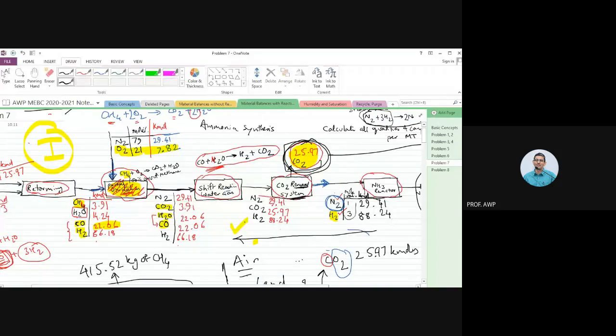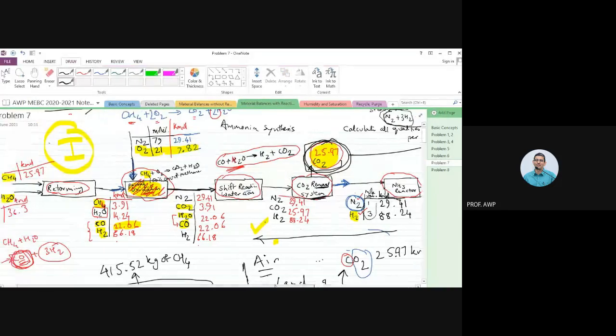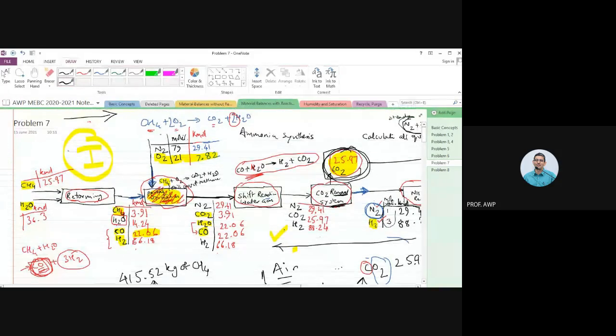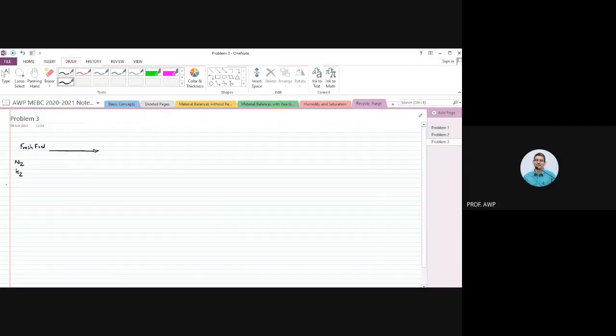That's what we wanted, right? But this air that is going to be supplied is going to contain several things along with this nitrogen and oxygen. One of the impurity coming up along with the air that keeps on accumulating in the process is argon.